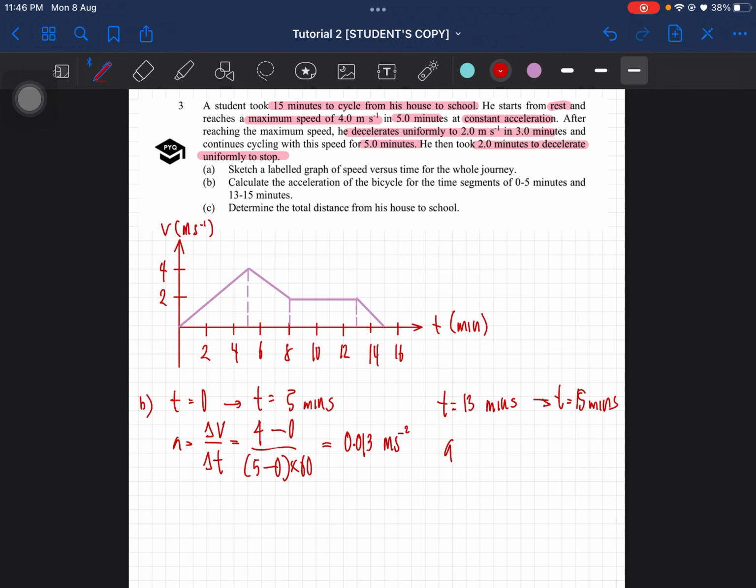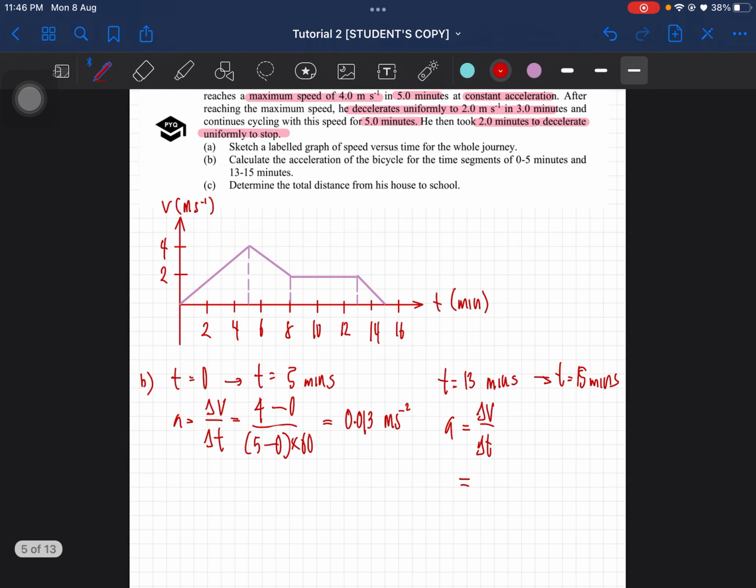And for this point here, delta v over delta t, so we have delta v, at 13 minutes it is equal to 2 meters per second, and then at 15 minutes it is equal to 0. So final velocity is 0 minus the initial, which is equal to 2, divided by the time, which is 15 minus 13.